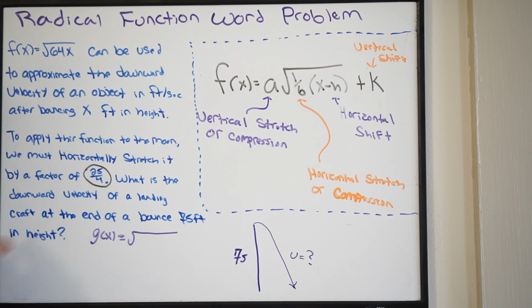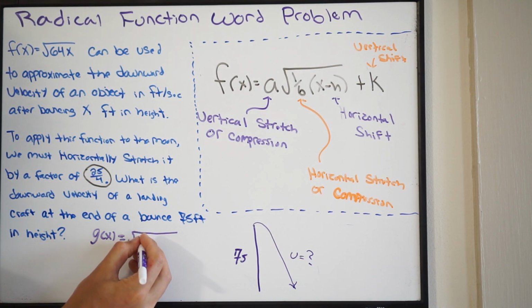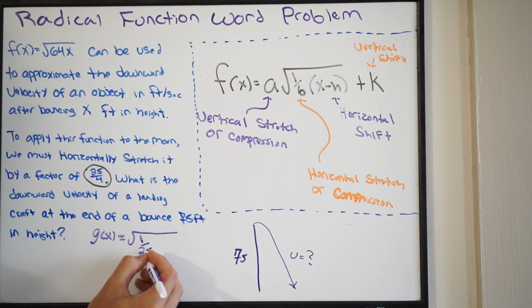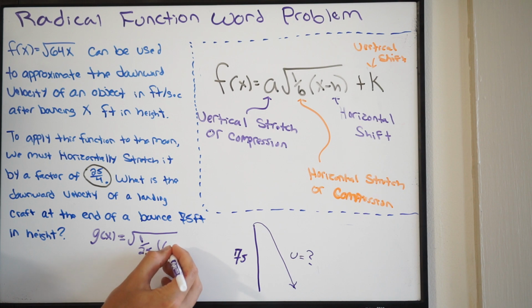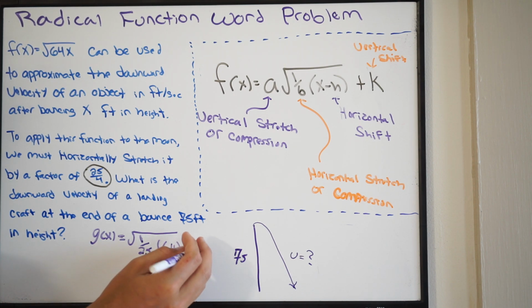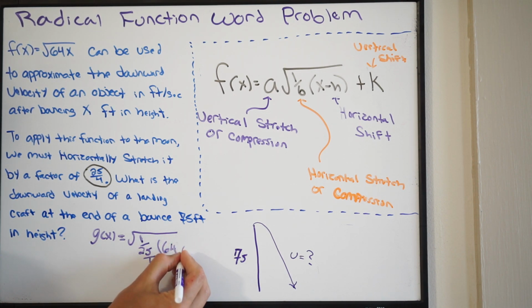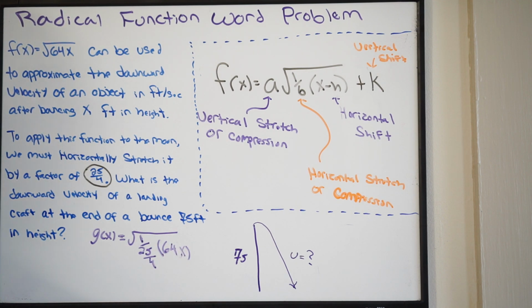So I'm going to do 1 over 25/4, and then times, we're keeping everything the same here, 64x.